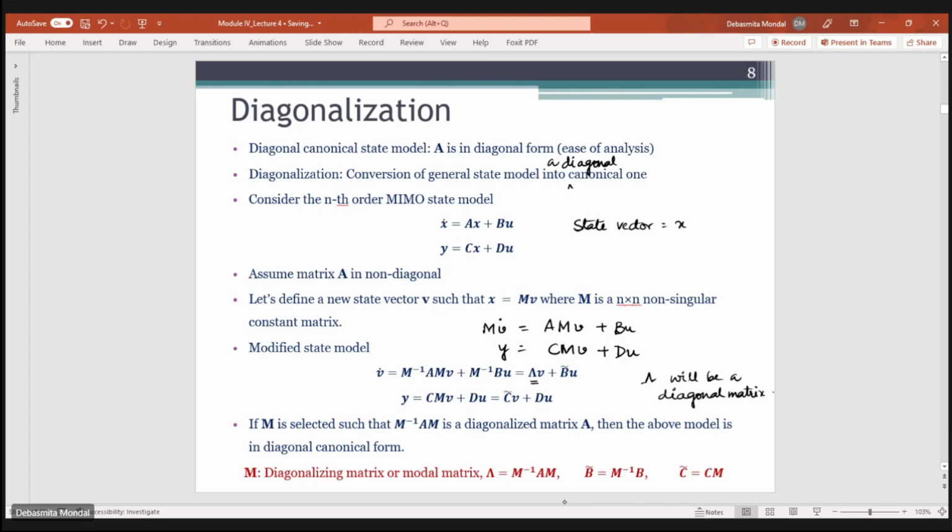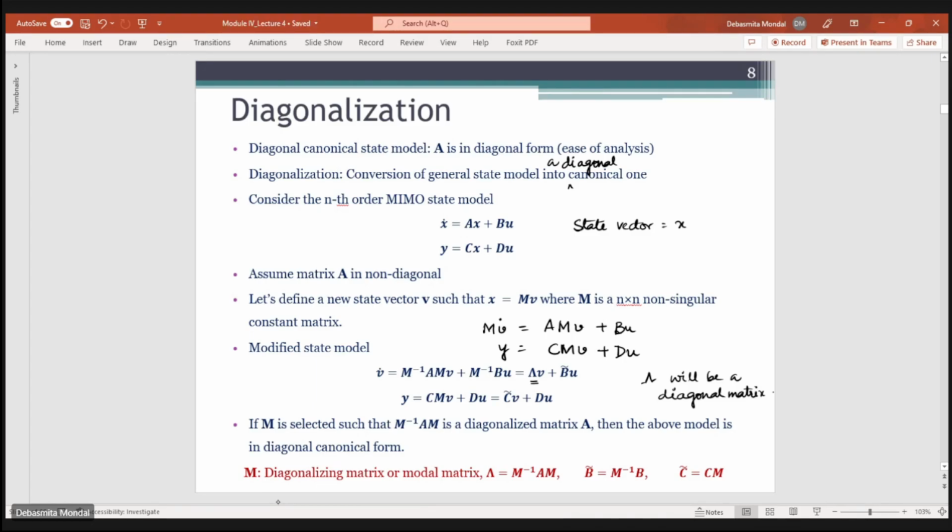So you have to choose the value of M in such a way that M inverse A into M is a diagonal matrix. From here we can say that M is defined as the diagonalizing matrix, or M is known as the modal matrix.